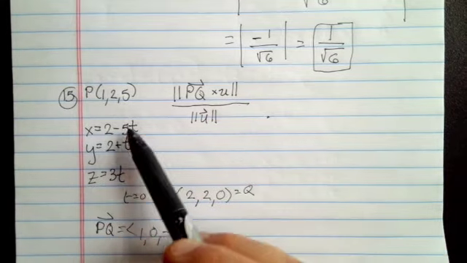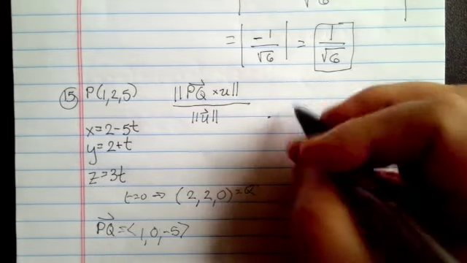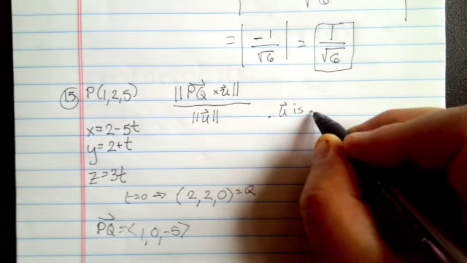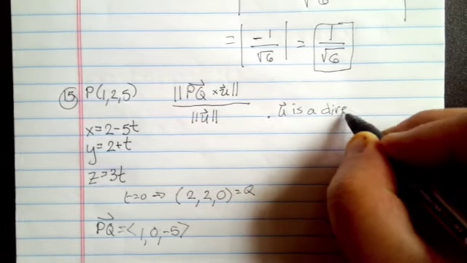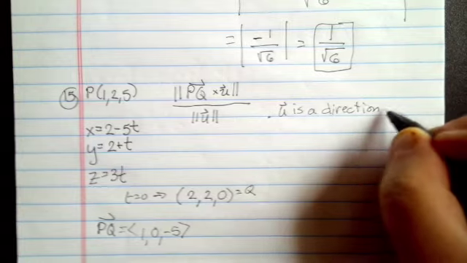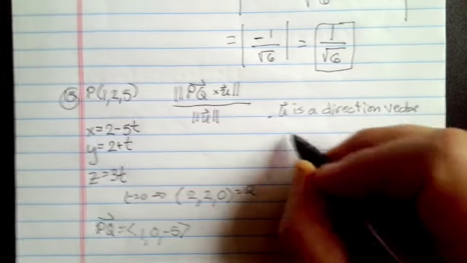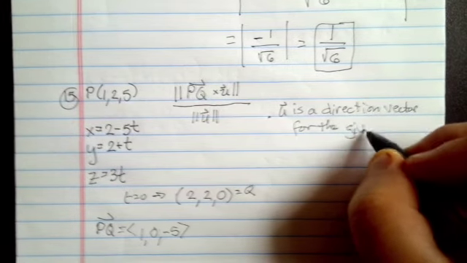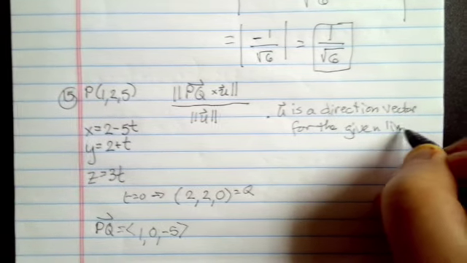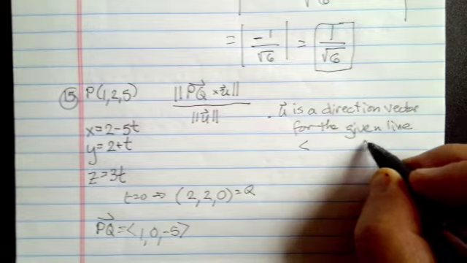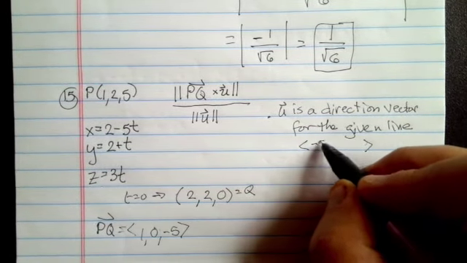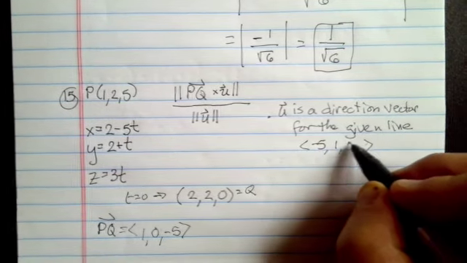What is u? u is just a direction vector for the line, and we get the direction vector from the coefficients of t. So those components will be -5, 1, and 3.